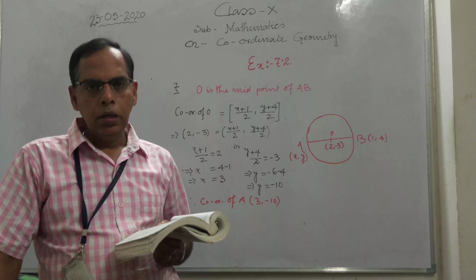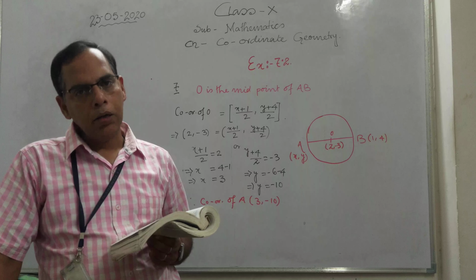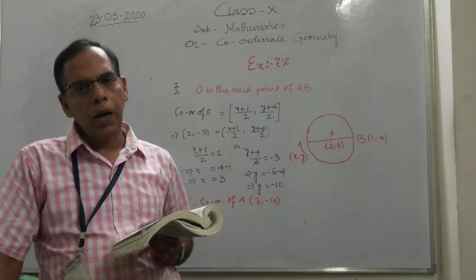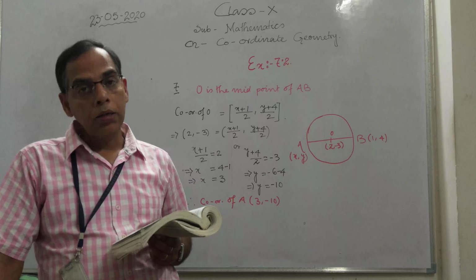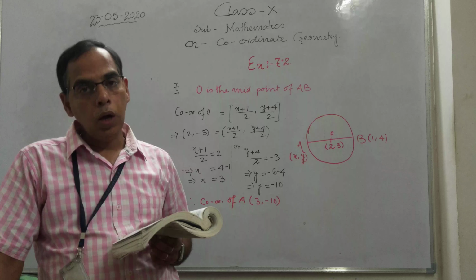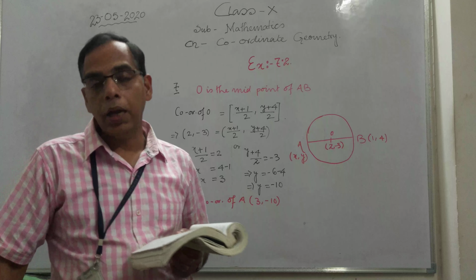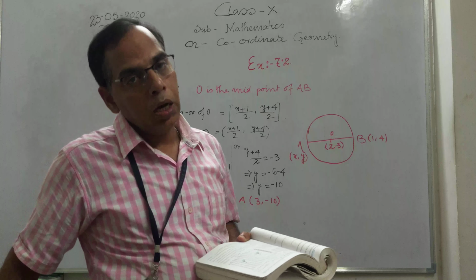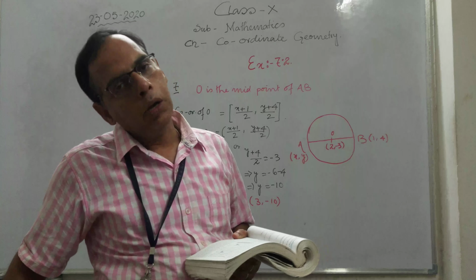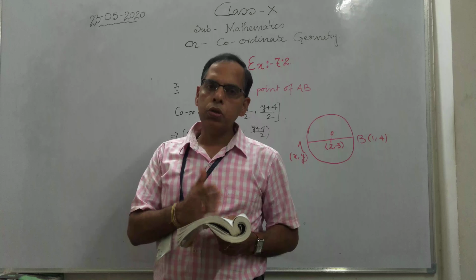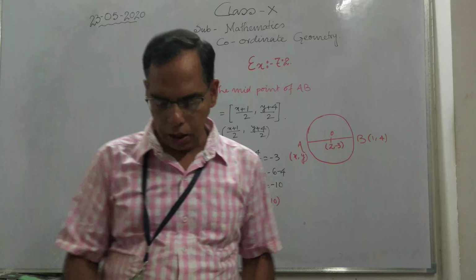But we need both parts. We don't need the whole. We need the parts of the given line. And here only one part is there. That means we have to take the other part. Ultimately we have to calculate the ratio and then utilize it. Okay? So let's see.